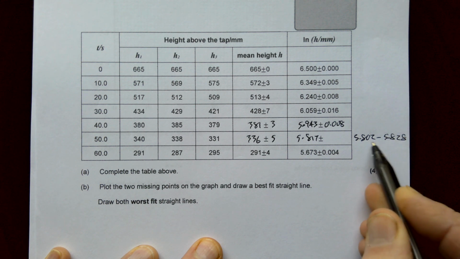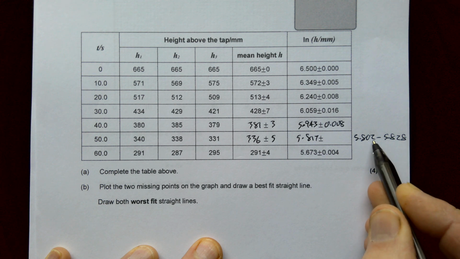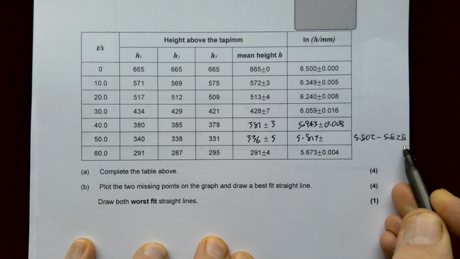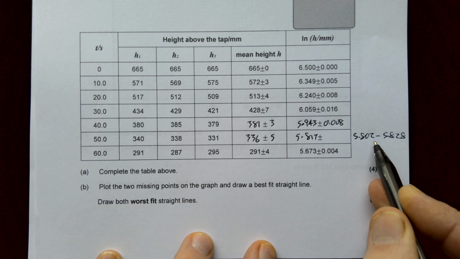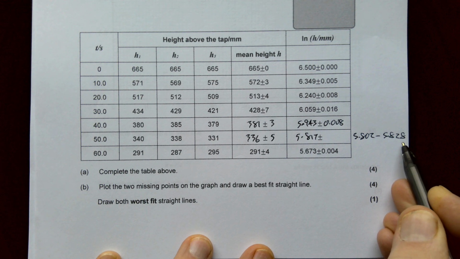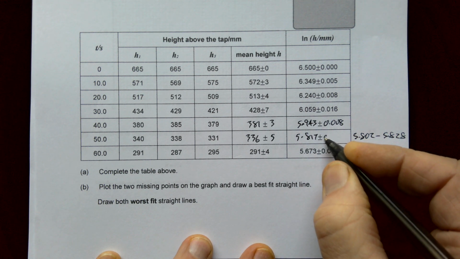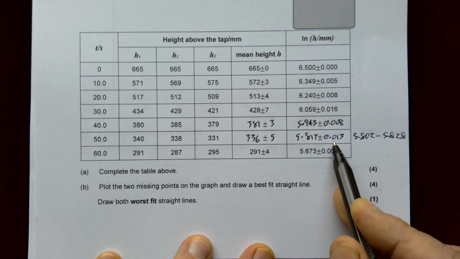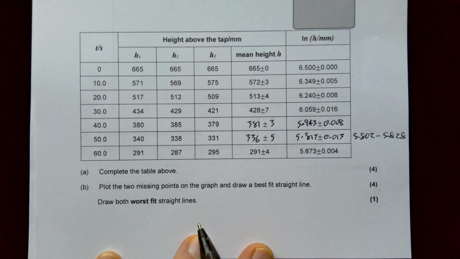So you've got a range of 26 between them. So half of that is going to be 13. So 0.013. Again, 3 decimal places in your digits.